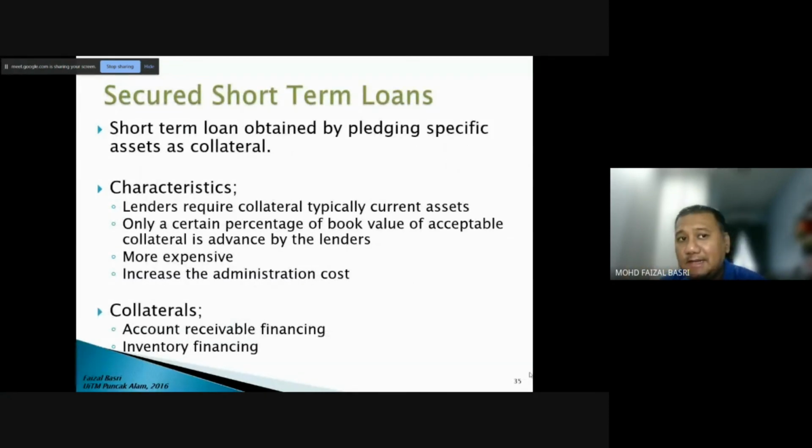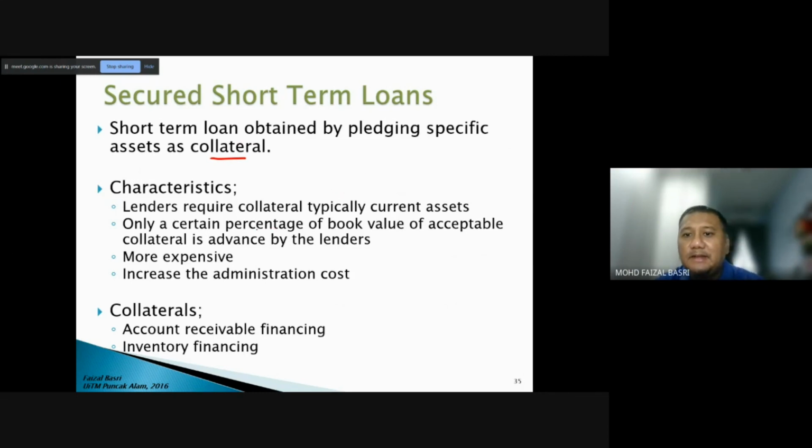So besides the unsecured tadi, we also have secured. As I said, the secured is based on loans with collateral. You need to pledge some assets. So from lender's point of view, obviously as a lender, dia akan prefer yang ada collateral lah because it's more secured.